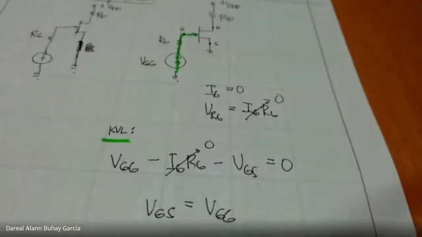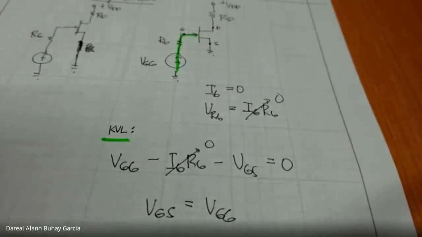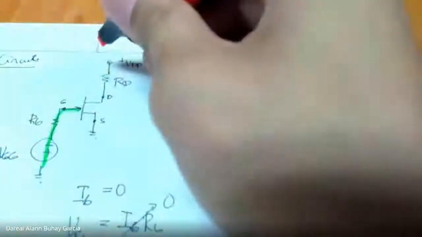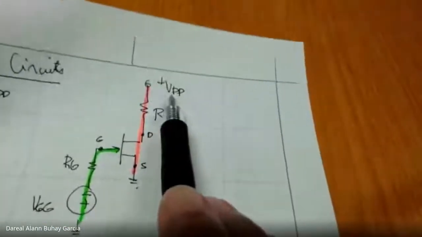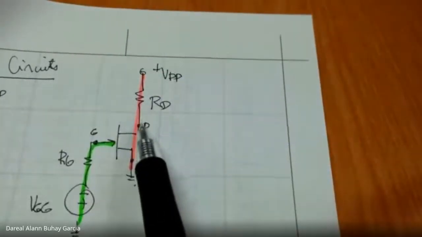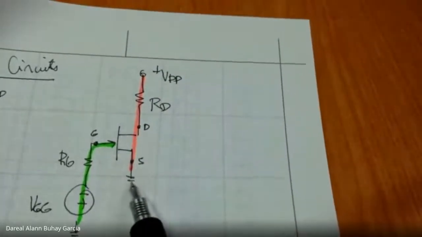How about sa other side? Sa right side, sa output, I mean. Kung mag-KVL to diba, VDD minus IDRD minus VDS is equal to 0. Okay.